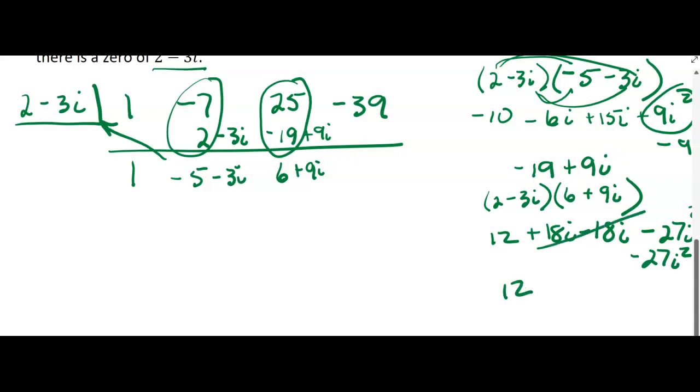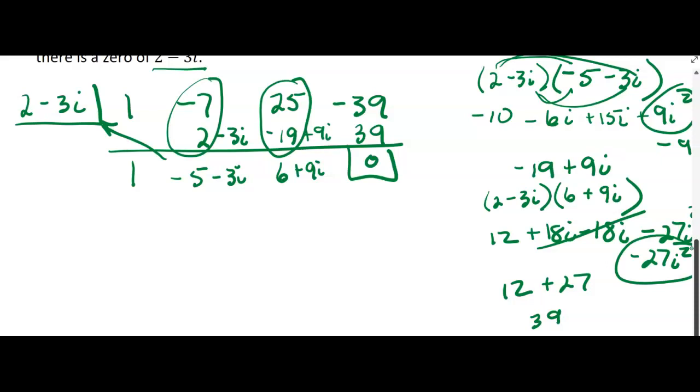Those are canceling out, and then this is going to become plus 27, which is going to be 39, and we're pretty happy about that. Now we knew it had to come out to be 0 because, oh no, we're not to that part yet, sorry. We know it's a 0 because they told us it was a 0.